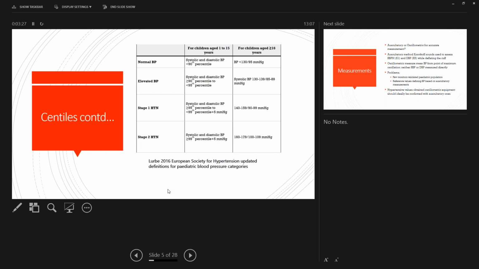Pretty much similar with the reference to over the 90th or equal or under the 95th for the elevated, and so on. So the European guidelines, I think, are the ones that are most used in practice now, purely because the whole guideline itself, not just the centiles, is quite easy to understand. It's quite logical, and I've attached a reference at the end if you'd like to have a look at it.